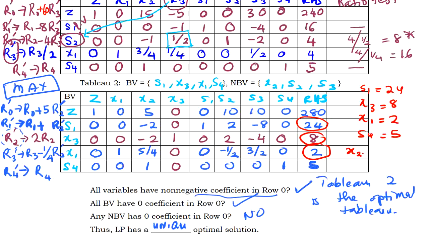So here X2, S2, S3 equals to 0 because NBV, the value is always 0. And then from this Tableau also we get Z value is 280. Z equals to 280. Or you can also substitute the BV values into the objective function to calculate the Z value.